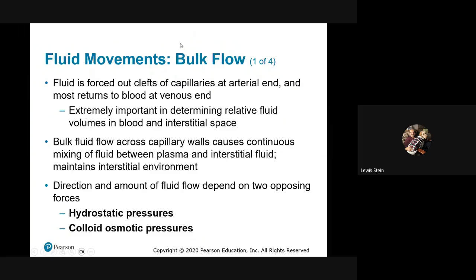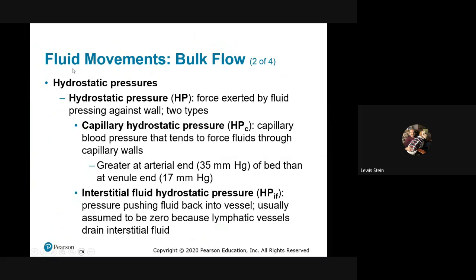So the fluid flow across those walls causes continuous mixing of fluid between the plasma and the interstitial fluid, which maintains the environment, and here are the factors. Blood pressure, and this is what the chapter's about: hydrostatic forces, blood pressure, and colloid osmotic pressure. They exert opposite each other.